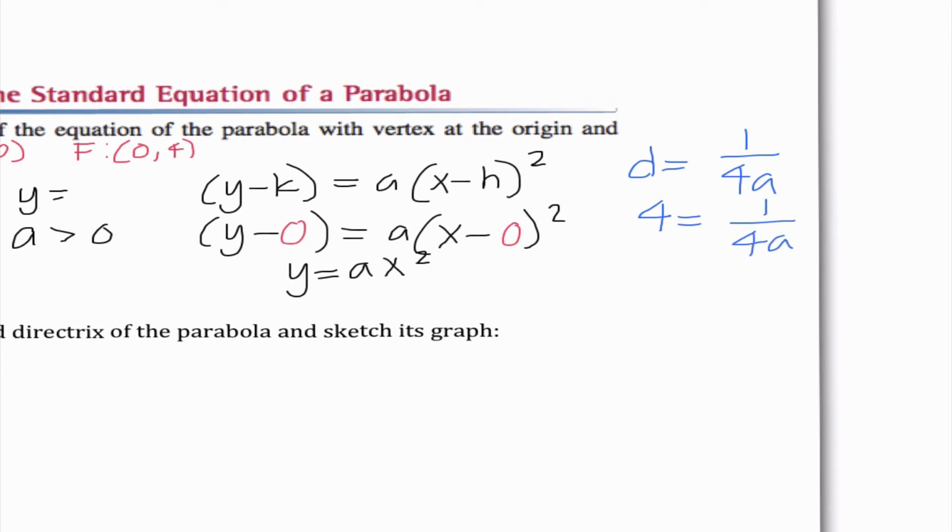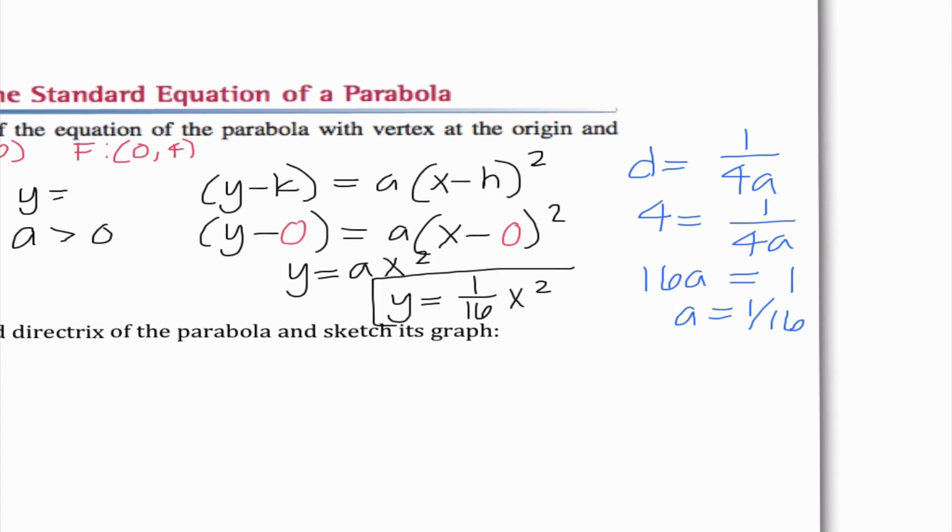I have 1 over 4a, so when I multiply, I get 16a equals 1, so a is 1/16. Now I know that a should be positive because our graph was going up, so the equation of this particular parabola is y equals 1/16 x squared.